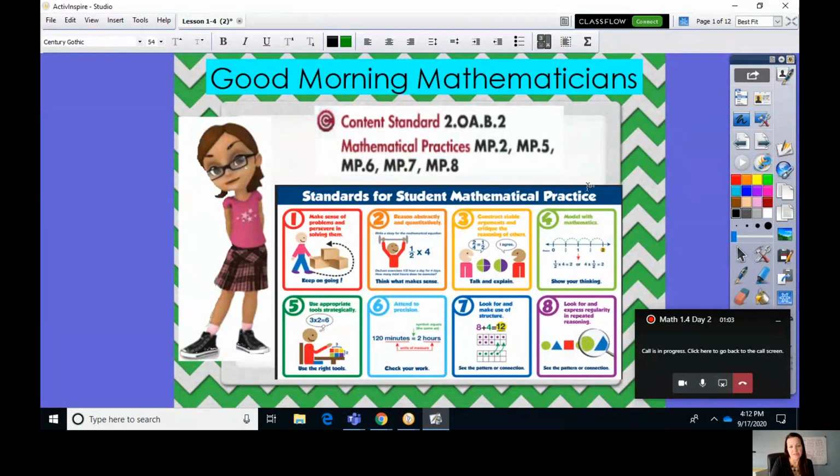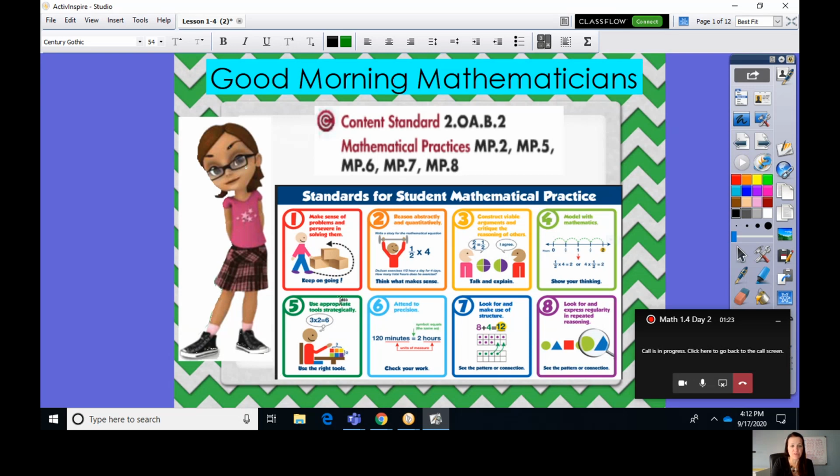Okay, like we learned yesterday, these are our math practices, and this is just like the lesson that we taught yesterday. Our math practices that we're using are 2, 5, 6, 7, and 8. Math practice 2. Think about what makes sense. Math practice 5.